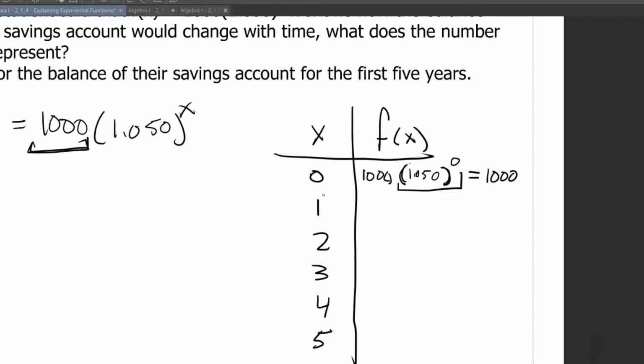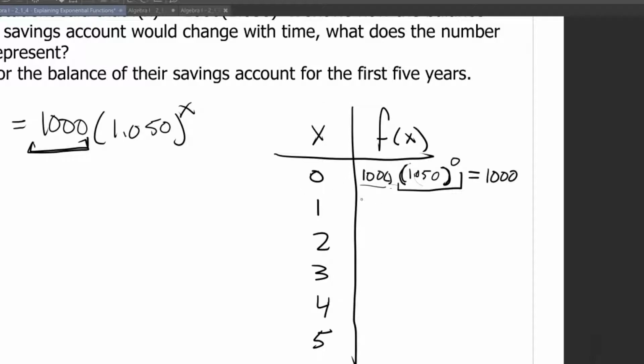And making sense of the problem, initially the student would start off with $1,000. They set up a savings account at time equals 0, they have $1,000 in it, and this would act as the base for the interest. So what does the number 1,000 represent? That represents the initial amount within the student's savings account.